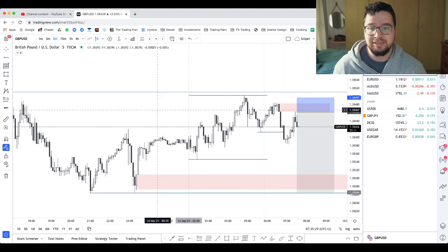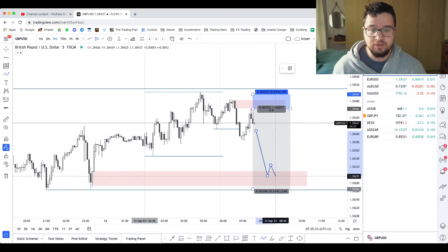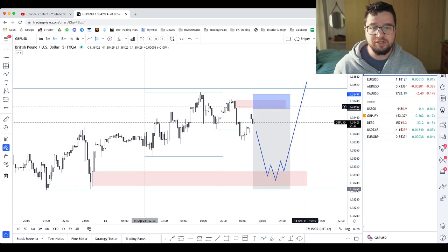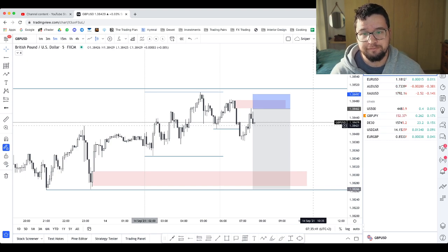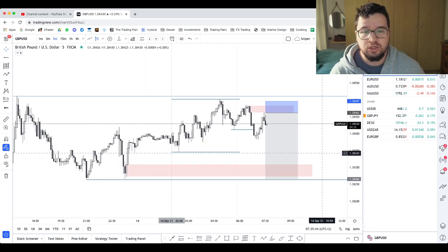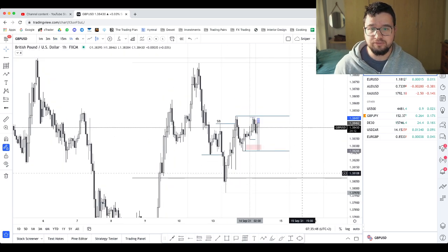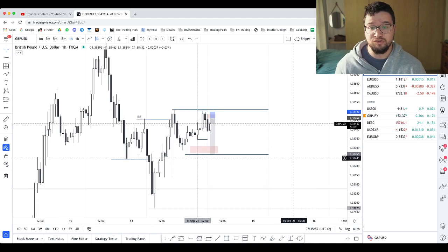So not as clean, but definitely this could be something as well. So to be honest, I'm a bit direction shy on GU today. I'm not exactly sure which way we're going, to be honest. Seems bearish, seems bullish, so it's probably just moving sideways.